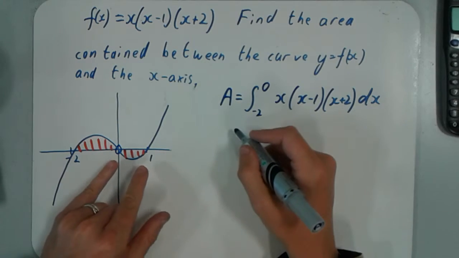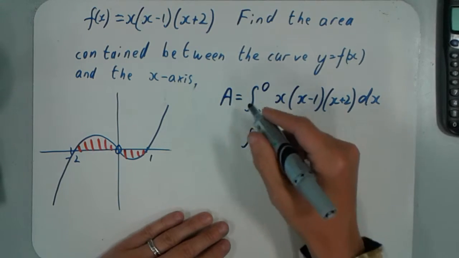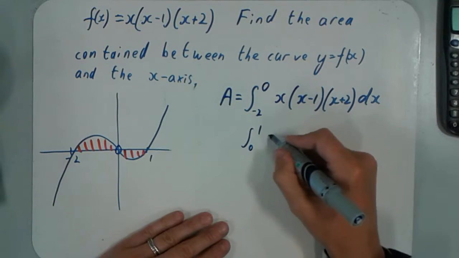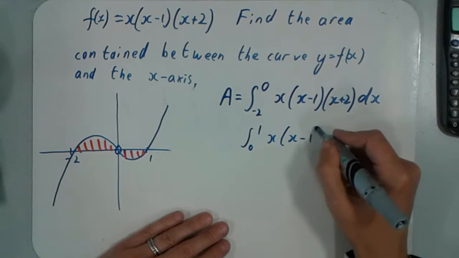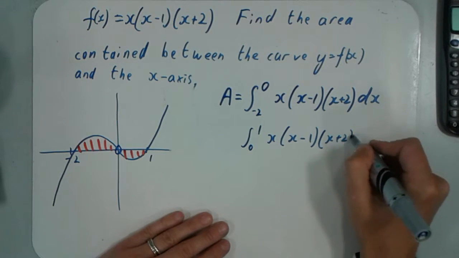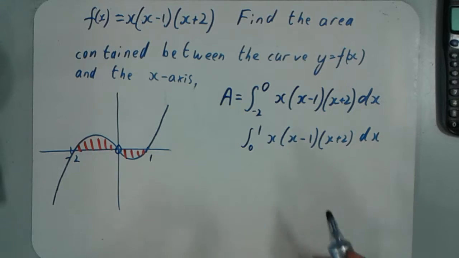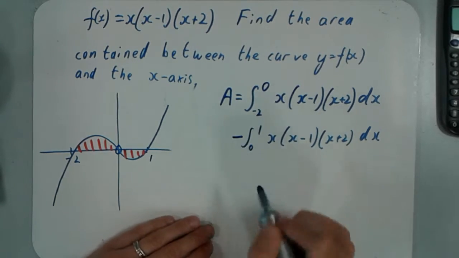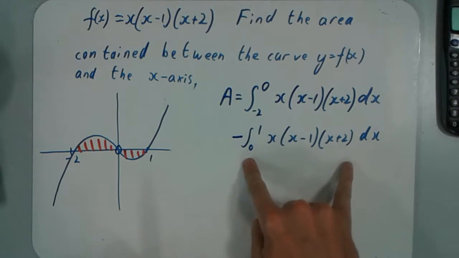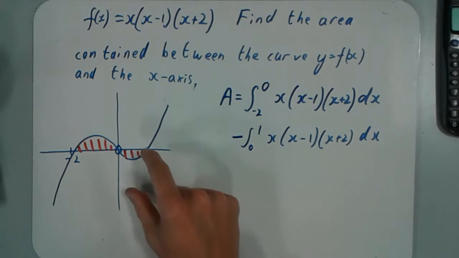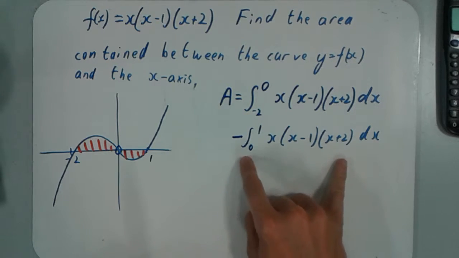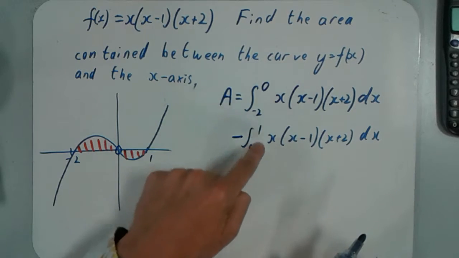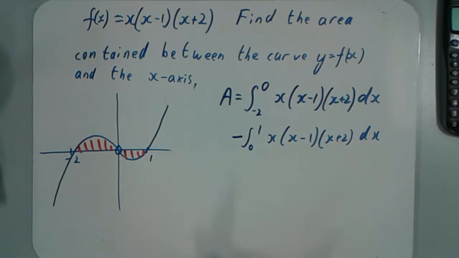And then I need to do a second integral here, between 0 and 1 of exactly the same function. However, as I know this area will come out as a negative, I need to subtract that area, effectively adding the area on. I'm subtracting a negative number and therefore adding it. I know this will be negative, so I need to break my integral into two separate parts.